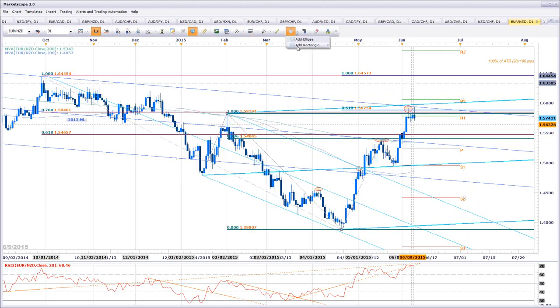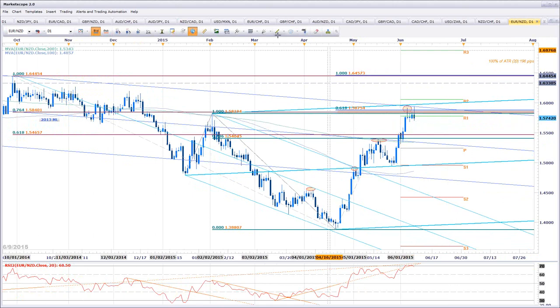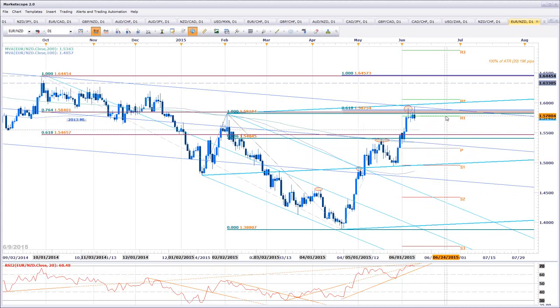All right, so this is pretty big. This is a pretty big level here for Kiwi. I'm just going to highlight this. That's really the level to beat to get more on the upside. Near term, the immediate focus is going to be to the downside if we close at these levels today.